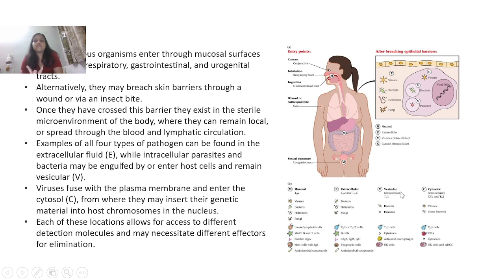Then in the vesicles, mostly bacteria and parasites will stay, and the effector cells are the Th1 cells, the cytokines released, macrophages, and NK cells.